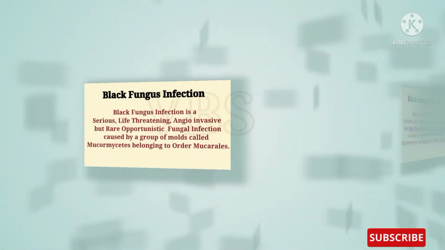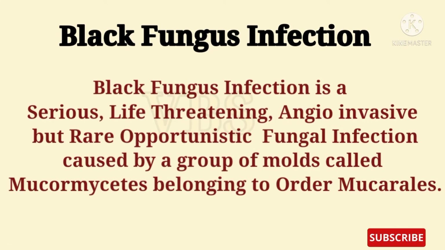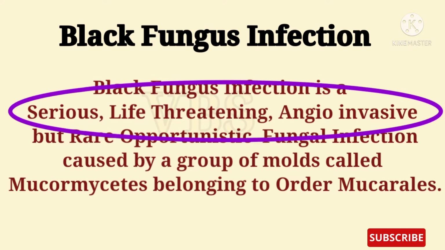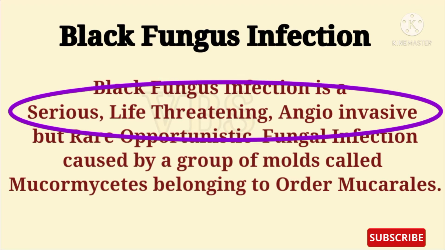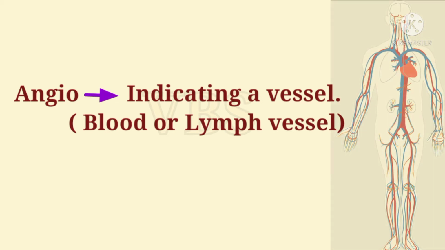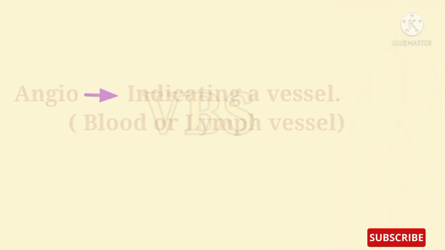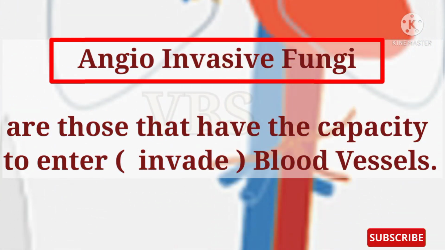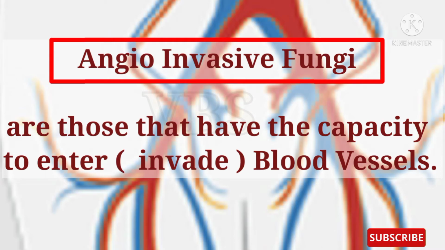Next, we are going to see why we are calling black fungus infection serious, life-threatening and angio-invasive. The term angio indicates a vessel, which may be a blood vessel or a lymph vessel. Angio-invasive fungi are those that have the capacity to enter blood vessels.